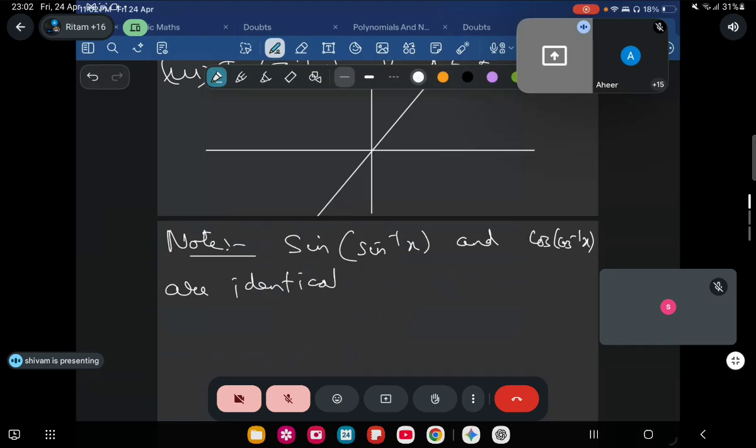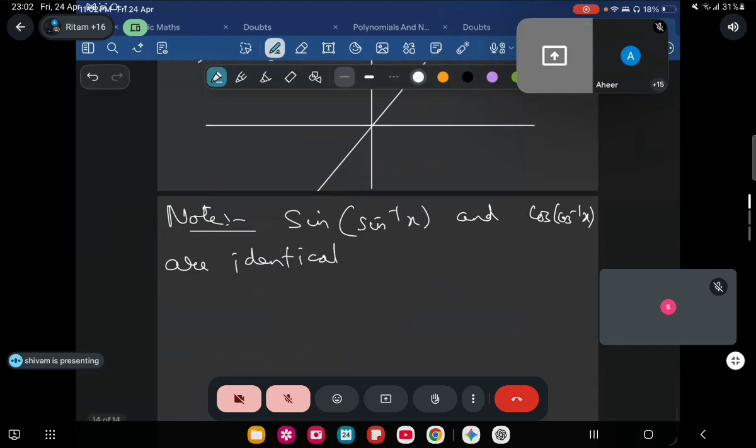Domain is same, range is same. Next, number 2.